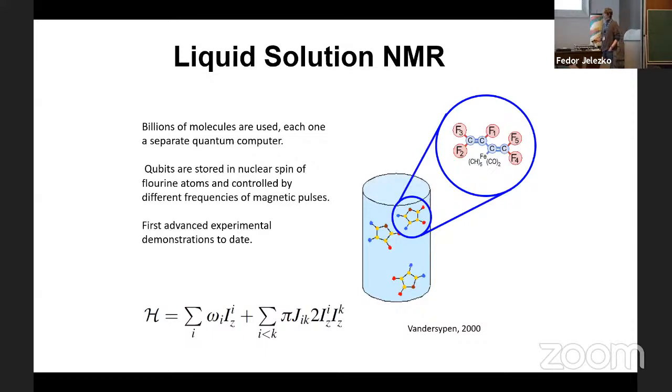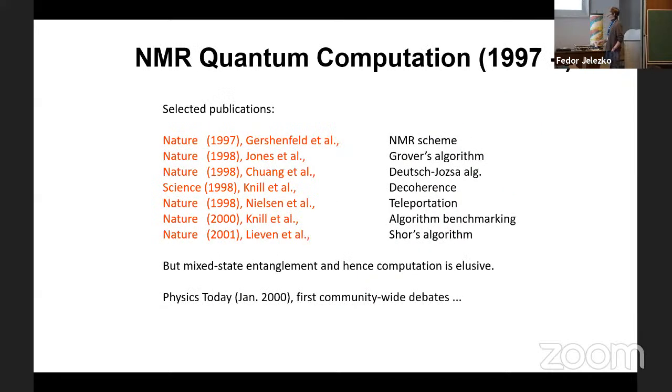And some time ago, very initial experiments that had quite an impact in the field were realized. Look at this: '97 first NMR scheme published, '98 Grover algorithm, Josza, decoherence-free subspaces, teleportation, Shor algorithm. This was all realized very quickly within a few years.